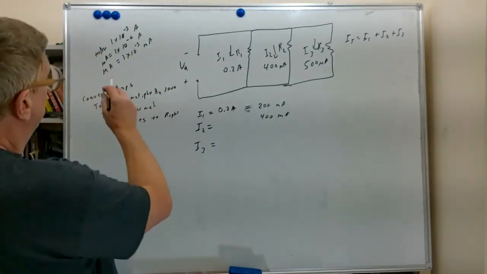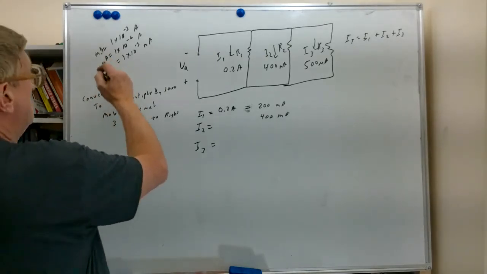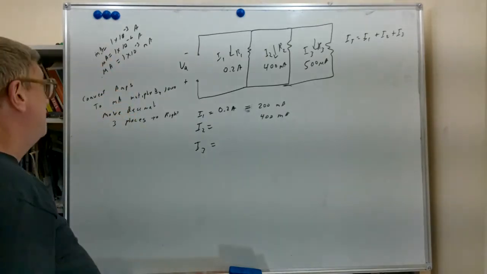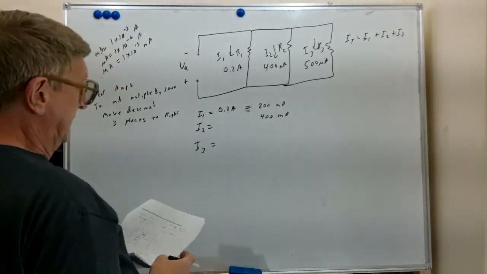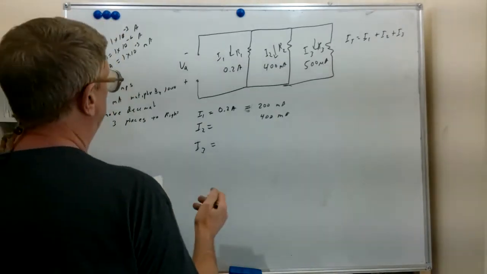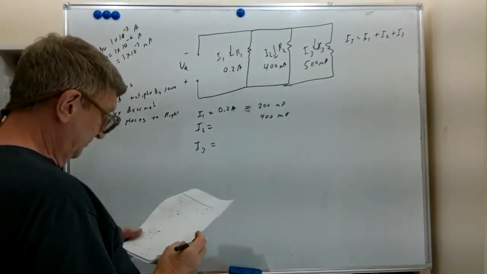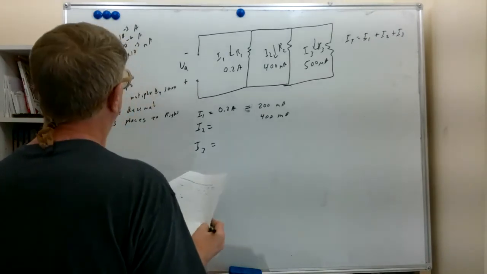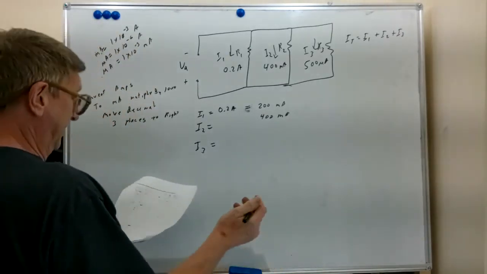So it might be kind of hard to see. I have this little M for micro, this little mu that looks like a stylized U for micro, and the M for milli. So to convert microamps to milliamps, we have to divide by 1,000.